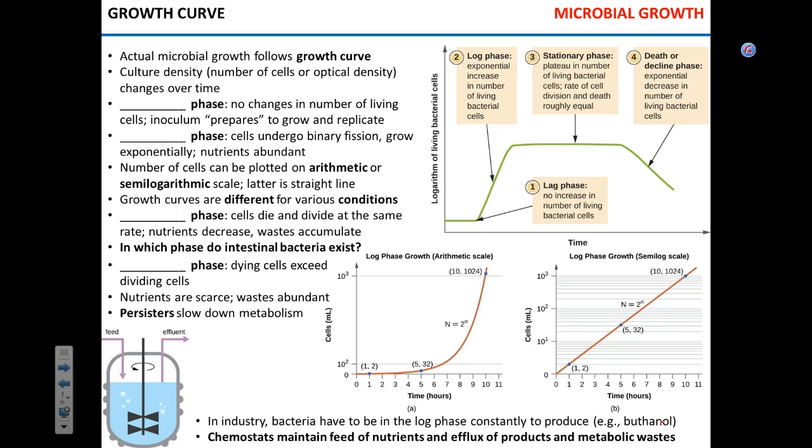So we can build a growth curve that reflects how the number of bacterial cells in the culture changes over time. We can measure in different ways. We can count the number of cells, or we can measure the optical density.